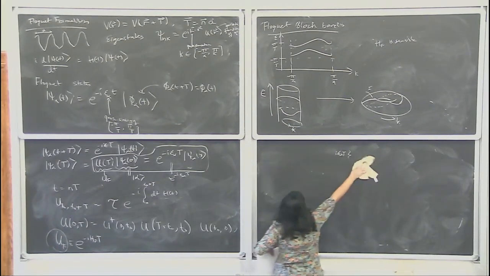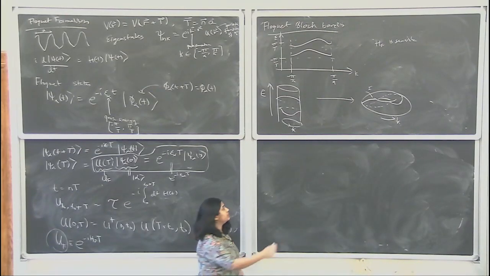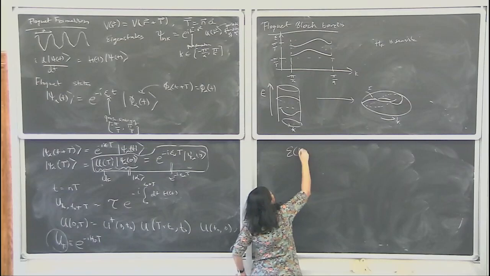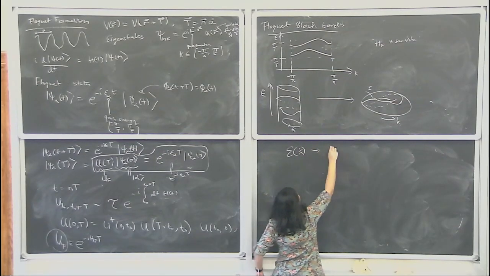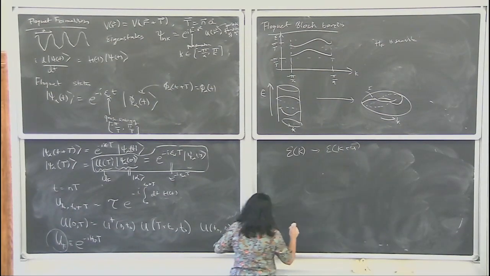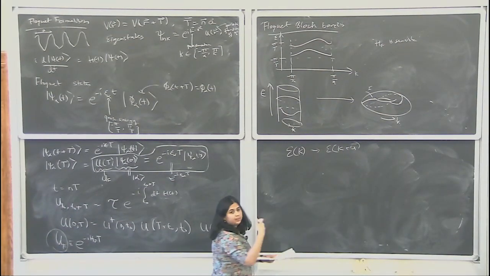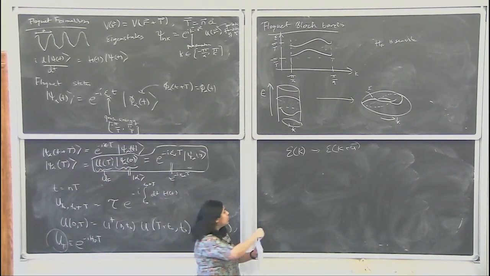Usually we know that because of the periodicity of the momentum Brillouin zone, epsilon of K has to be equal to epsilon of K plus G, right? But now this equality can be mod 2 pi because energy is only defined mod 2 pi, right?